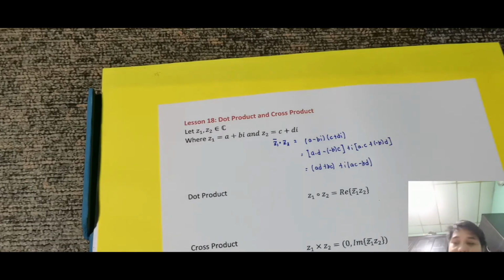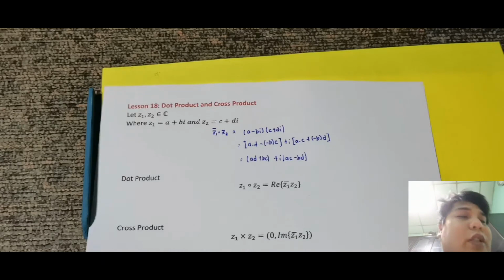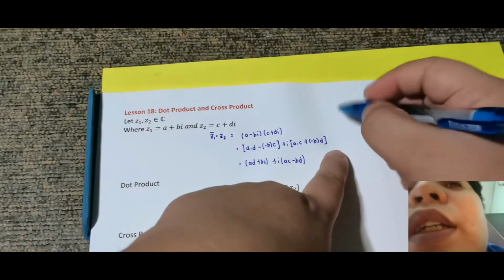Nagkamali yata tayo sa pag-multiply. I think nagkamali nga. So check ko lang. That is AC plus BD. Multiply ko nga siya ng direkta, baka kasi mali talaga totally.